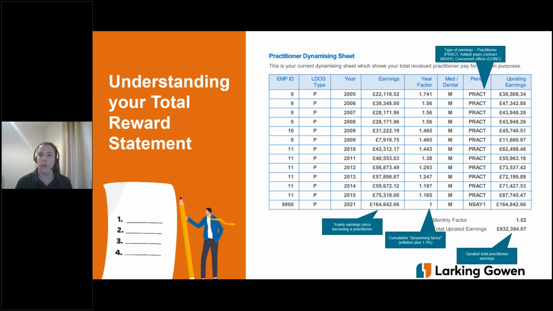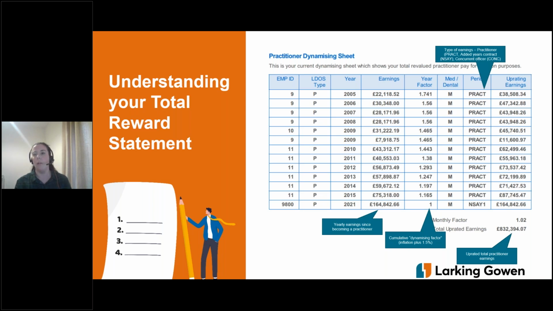So the earnings column, 4th column across, that is your actual earnings each year. Next column along, that is the cumulative dynamization factor plus the 1.5%. So that is how much your actual earnings are being uplifted. And every year, that yearly factor goes up again by the inflation plus 1.5%.